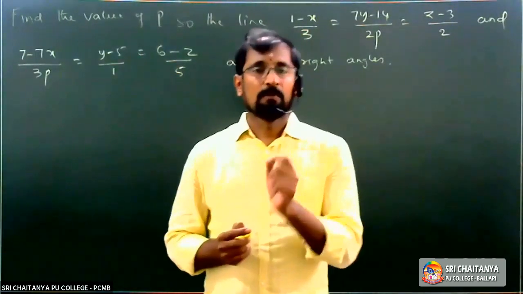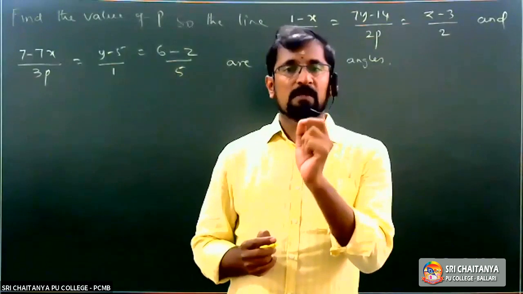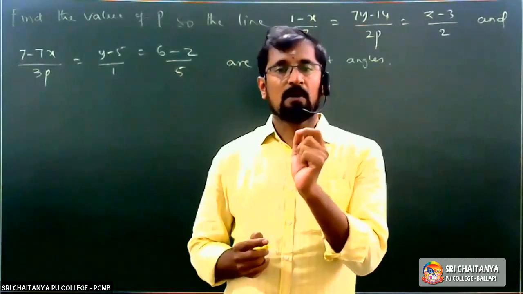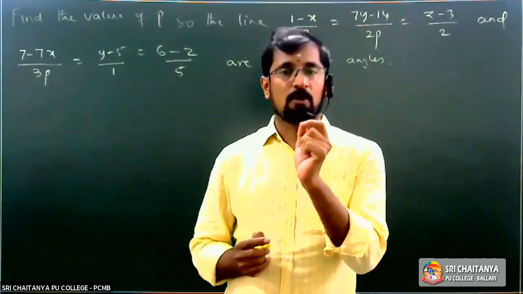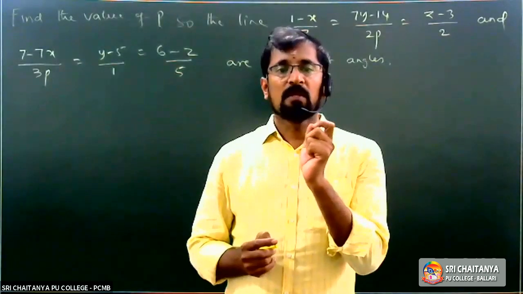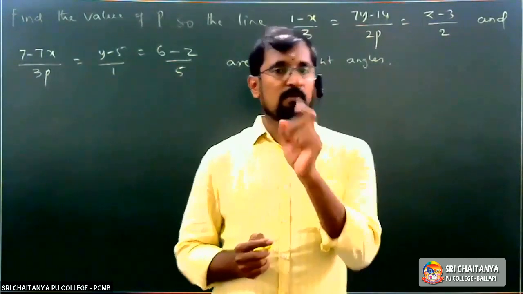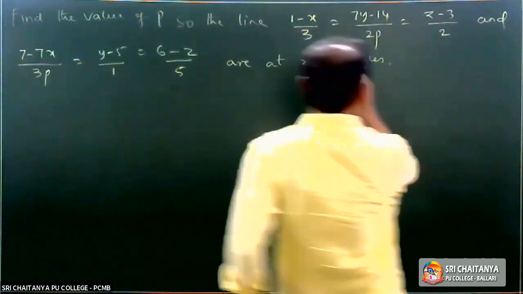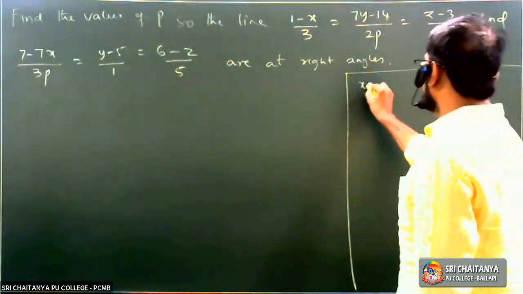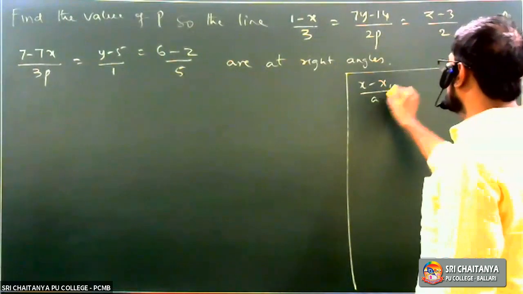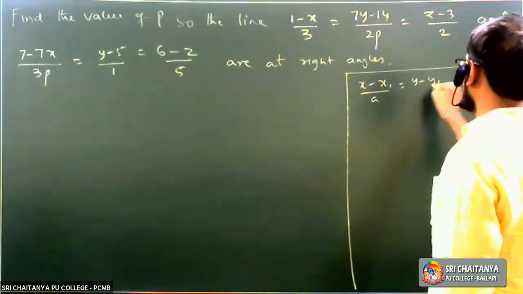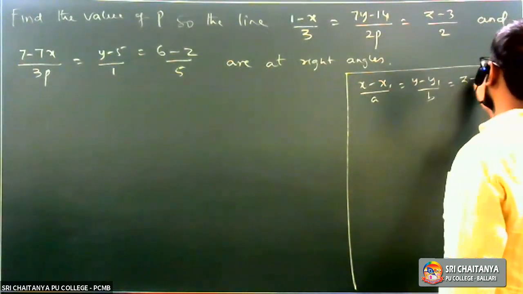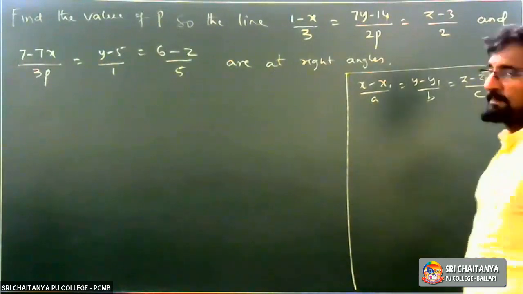But first of all, you should check whether the lines are in standard form or not. How could you say the line is in standard form? Observe this one. The standard form of a straight line is (x minus x1)/a = (y minus y1)/b = (z minus z1)/c.